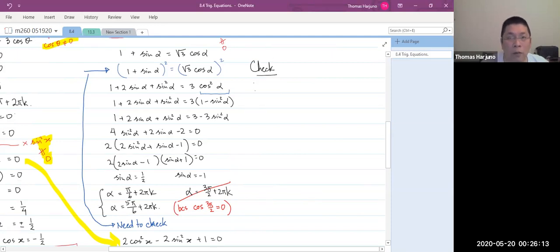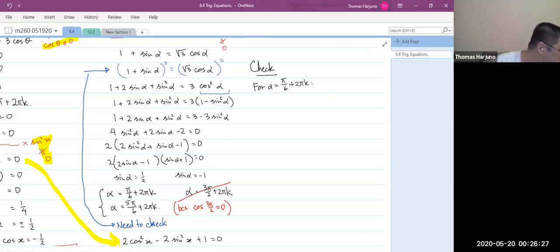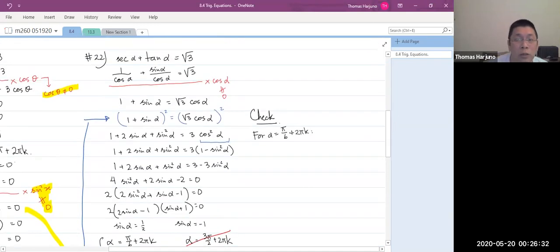When alpha equals pi over 6 plus 2 pi k. What's the question here? Secant pi over 6 plus tangent pi over 6, is it equal to radical 3?